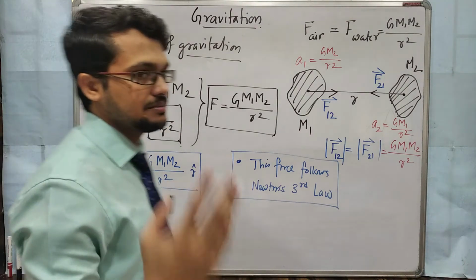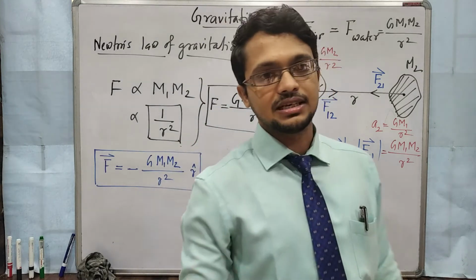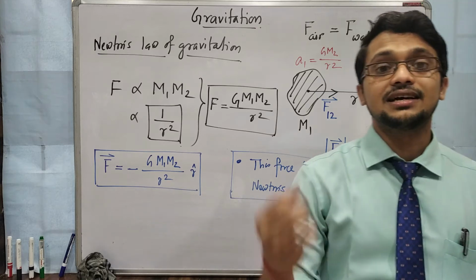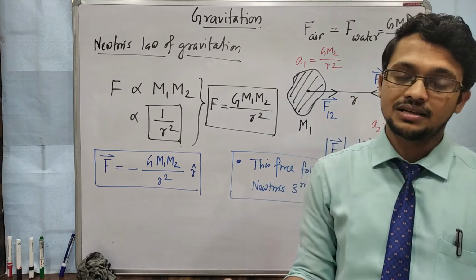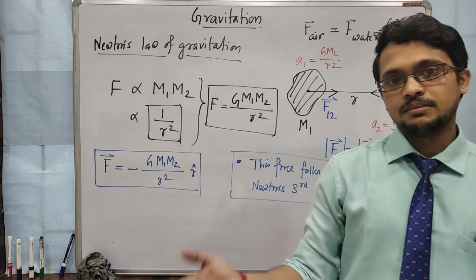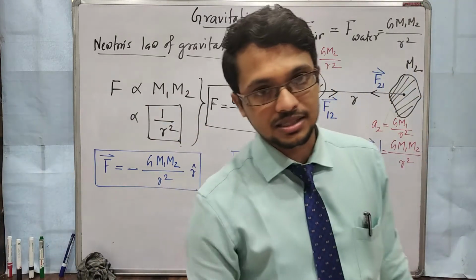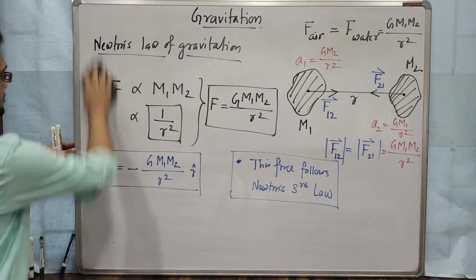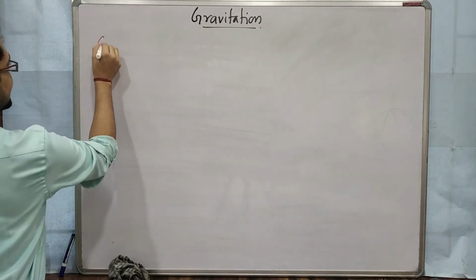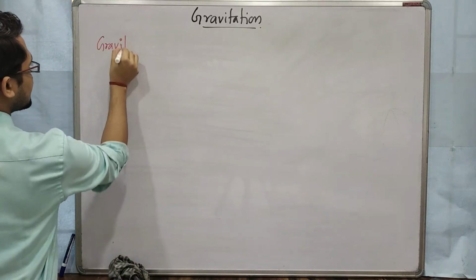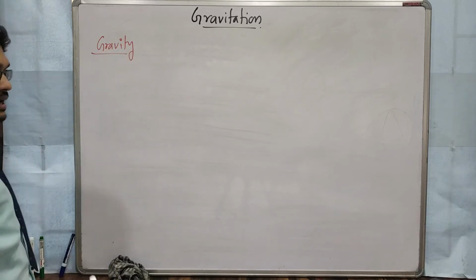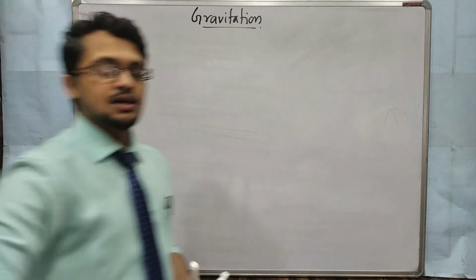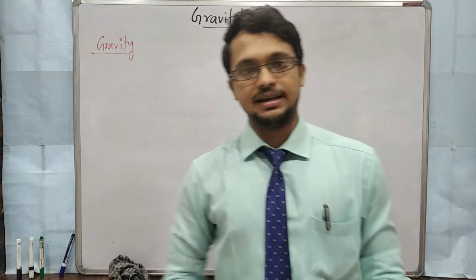Gravitation means it is for the universe: any two objects in the universe, that may be the earth, any other planet, or any other thing present in space. But when we talk about gravity, gravity is a special case of gravitation.